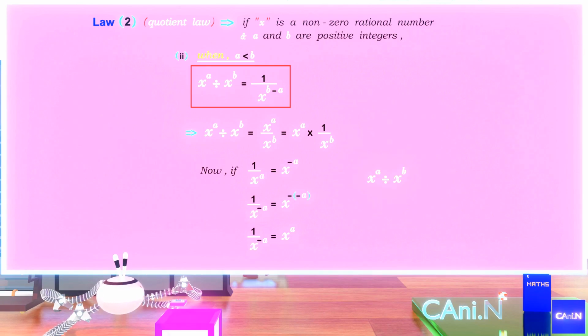So, x raised to the power a divided by x raised to the power b equals 1 by x raised to the power minus a into 1 by x raised to the power b equals 1 by x raised to the power minus a into x raised to the power b. Now, applying law 1 or product law, x raised to the power a divided by x raised to the power b equals 1 by x raised to the power b minus a.